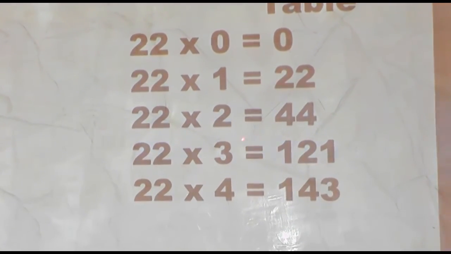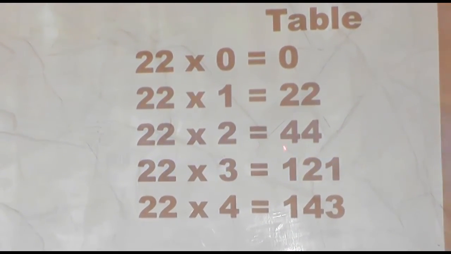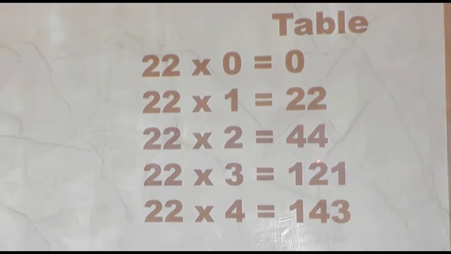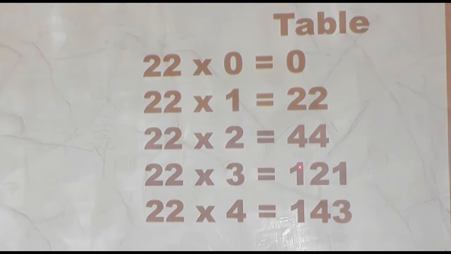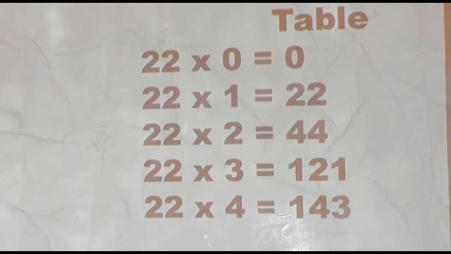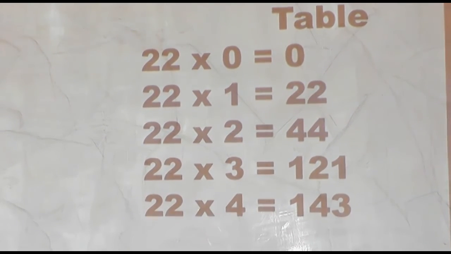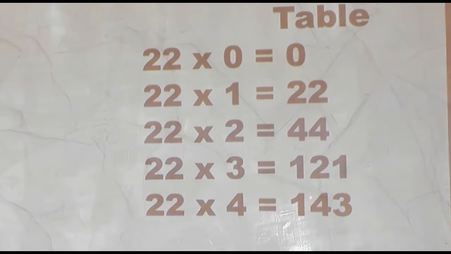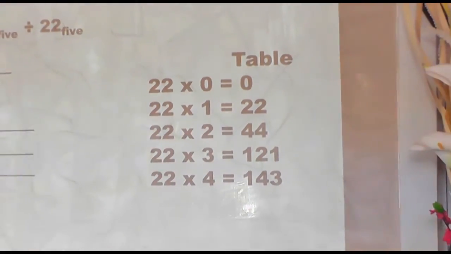We'll find 1 group of 5, then we'll have a remainder of 2. So write the remainder 2, and the 1 I carried earlier, and that's how we arrive at 121 in base 5. Now here, 22 times 4 will be equal to 143, following our multiplication.